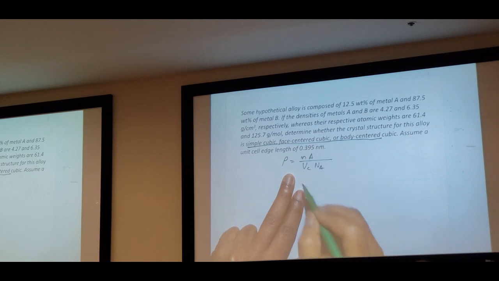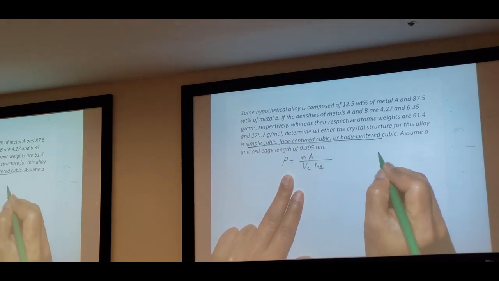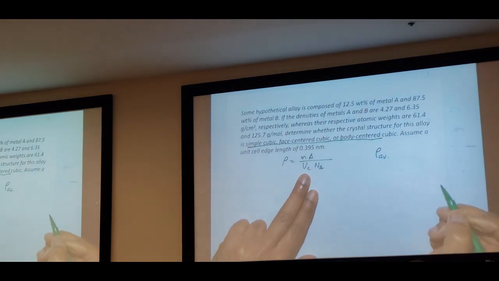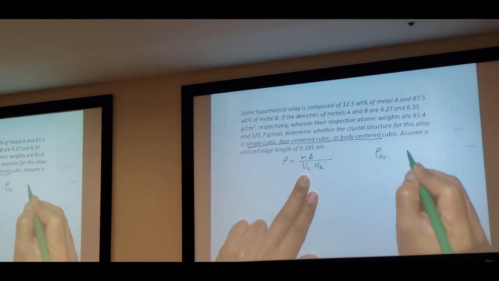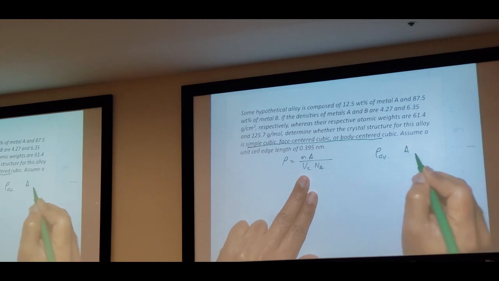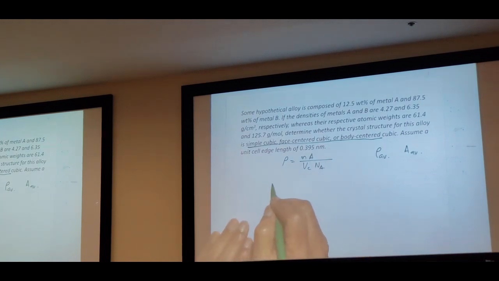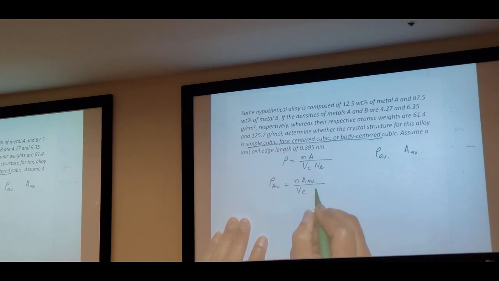So you need to take the rho average, and another one you need to determine is the atomic weight average. Once you have this, we can rewrite this equation: rho average is equal to n A average over V C times N A.